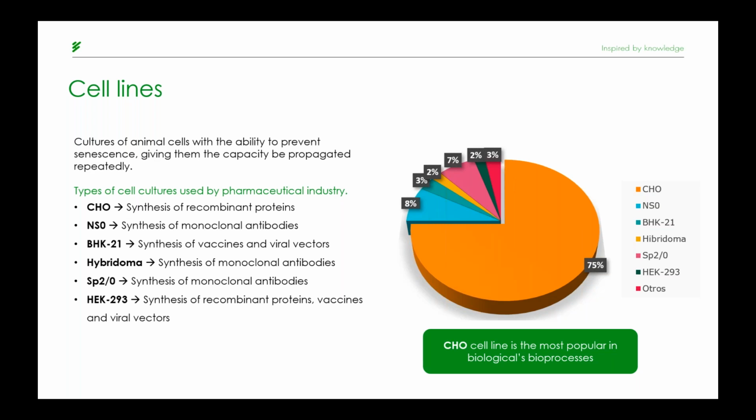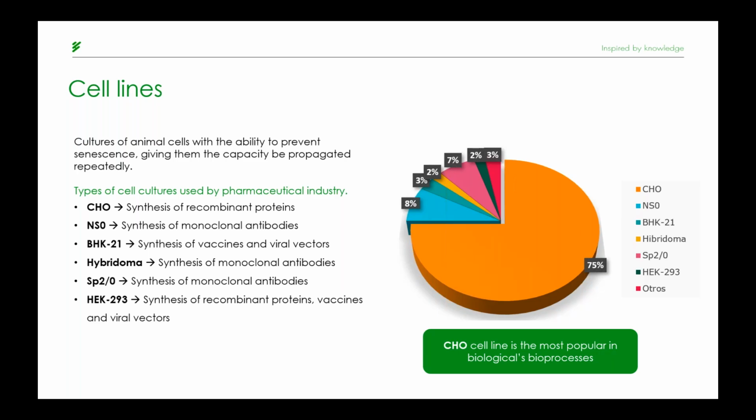BHK21 are used when you are working with viruses. It could be vaccines or viral vectors. Hybridoma, specifically for monoclonal antibodies. These kinds of cells are the fusion of a myeloma and a B cell.